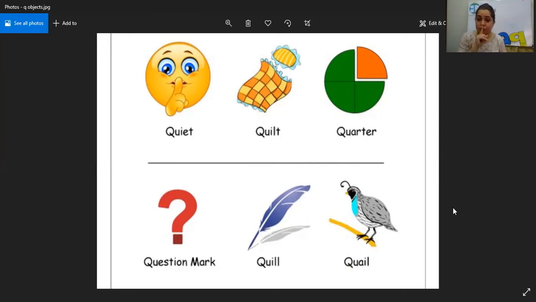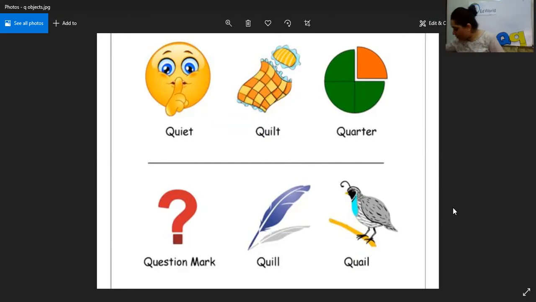So quiet, that starts with Q. The quilt we take on when we are sleeping, that starts with Q. The quarter. Quarter means you have any shape, anything, and if you make it four parts, one part of these four parts is called a quarter, right?